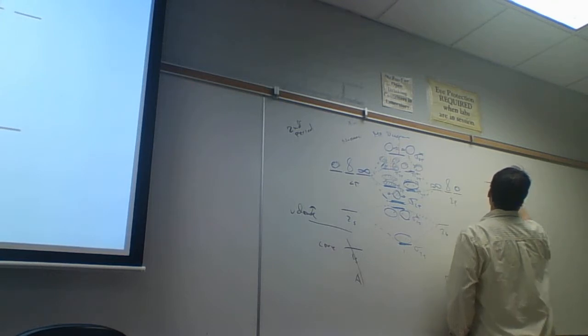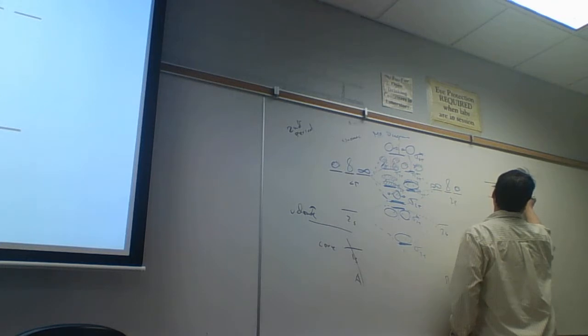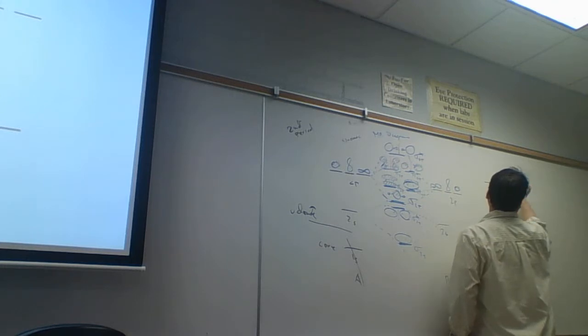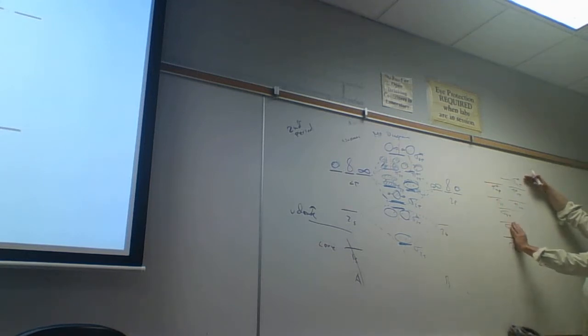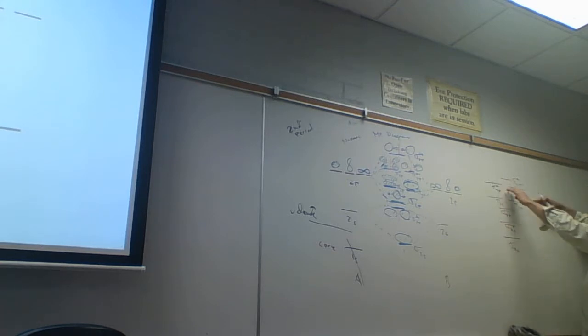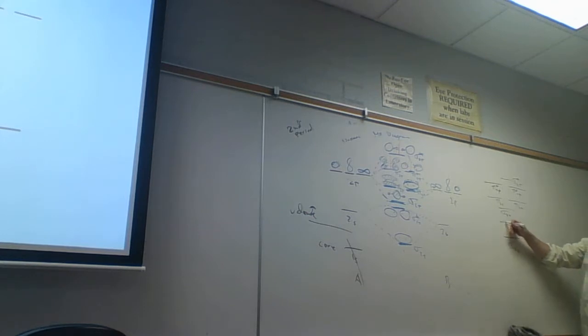Followed by your pi star 2p's, and followed by your sigma star 2p. Okay, the 2p orbitals, do you see the symmetry? Three of them below here, three of them above, standard. And the 2s, the symmetry here. So this is what we call the normal.